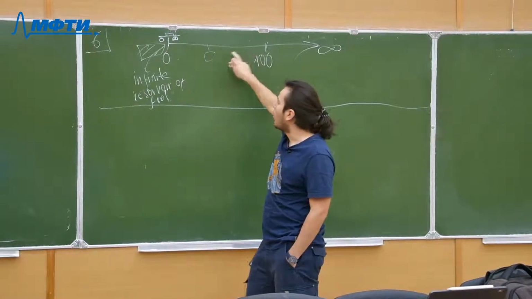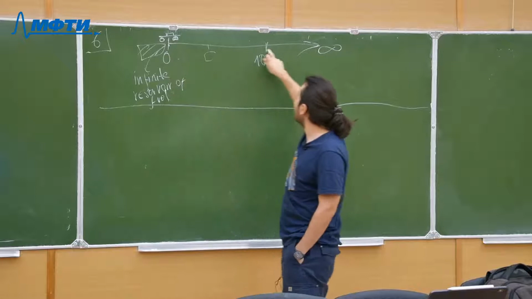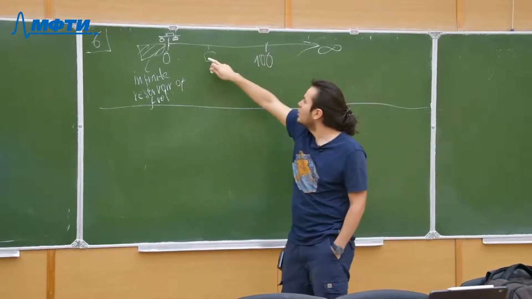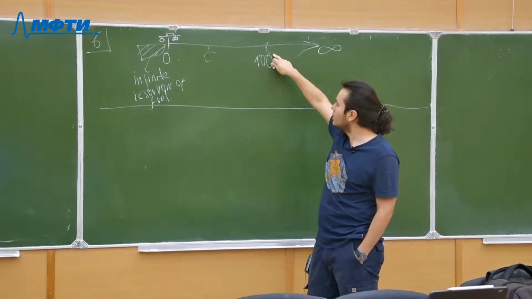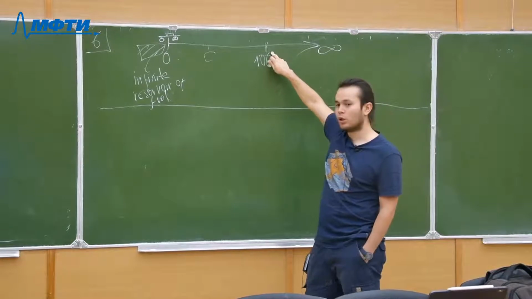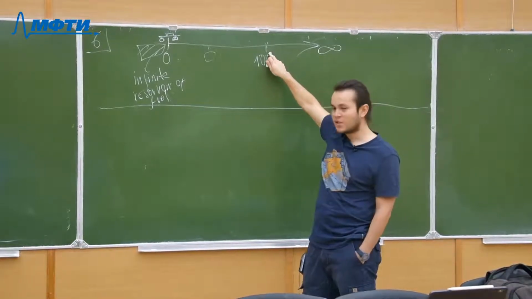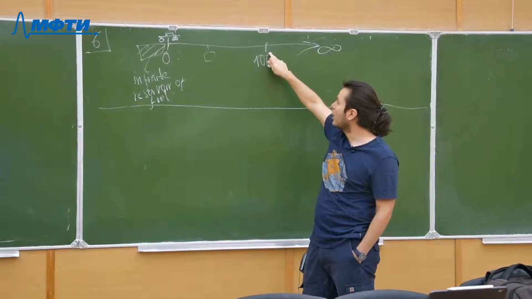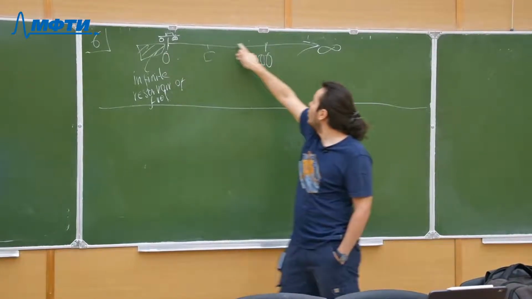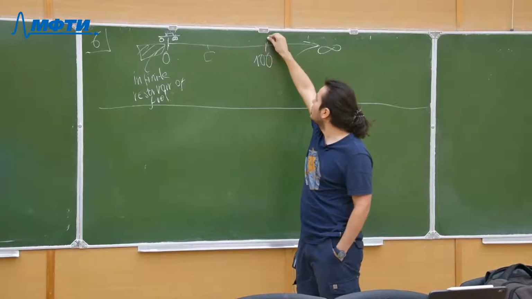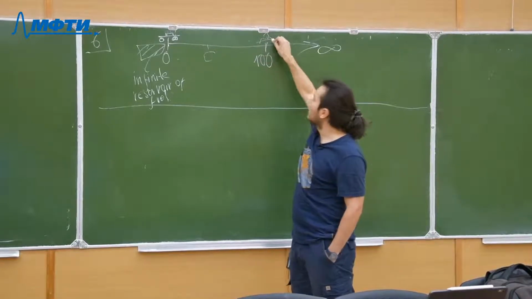If we go to 100 miles, the car can get to 100 miles, but in that case we don't have any fuel. The car's tank will be empty, and this is going to be the last stop.